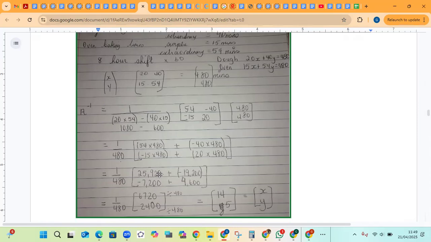And here the addition is simplified, and afterwards at the end you simply multiply by 1 over 480, which is the same as dividing by 480. And you have x is equal to 14, y is equal to 15.